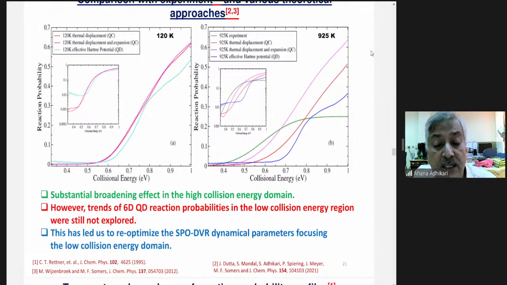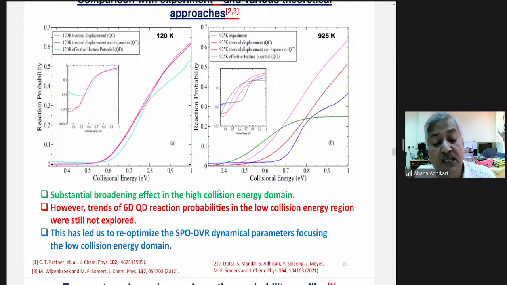It's increasing and increasing. But in our present case, of course, there is a difference, particularly at the threshold, but it reaches a saturation, like the experiment. So qualitatively, it got the trend. Substantial broadening happened, and moreover, in our case, the broadening effect is more.